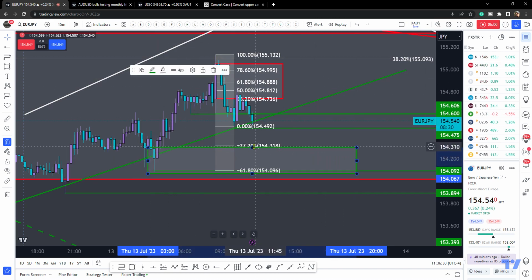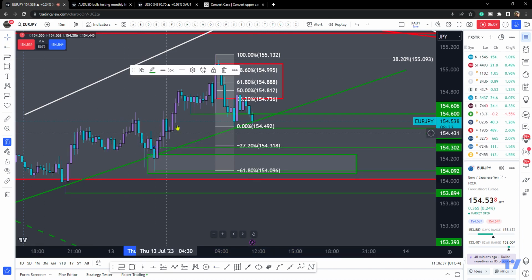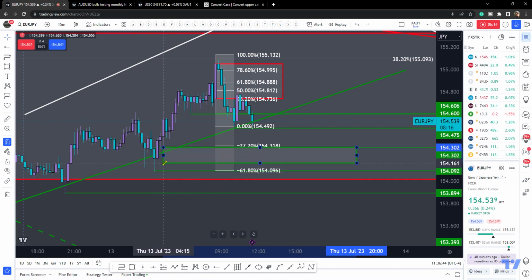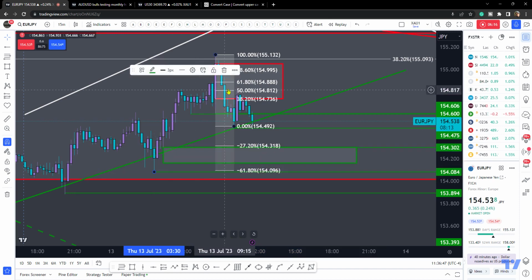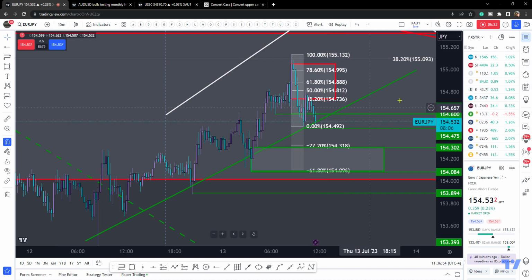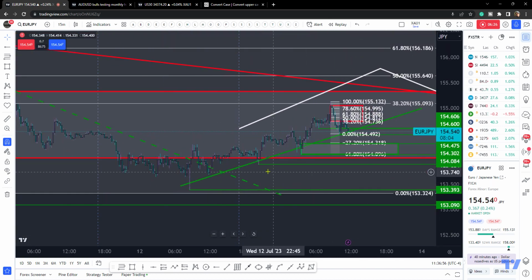So targeting 154.31, 154.30, into the lows of that candle, 154.08. And then below there you've got 153.90 or thereabouts, and then 153.40.